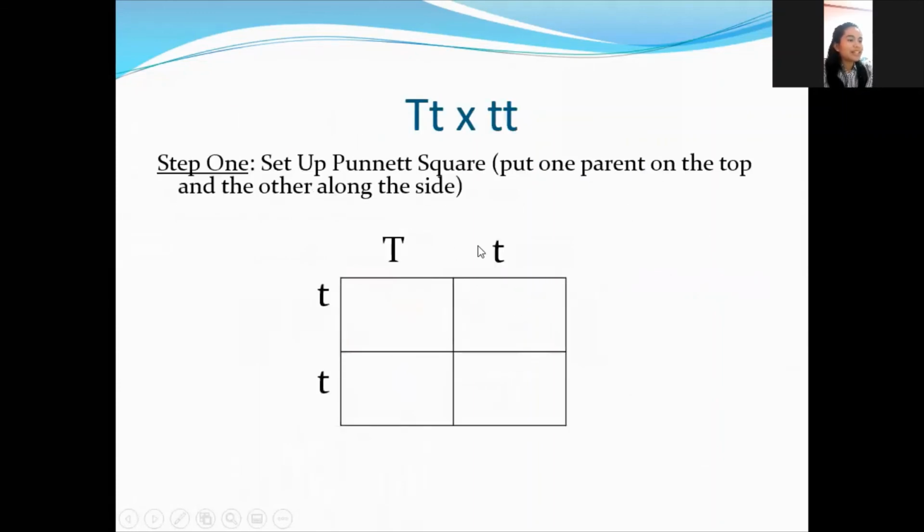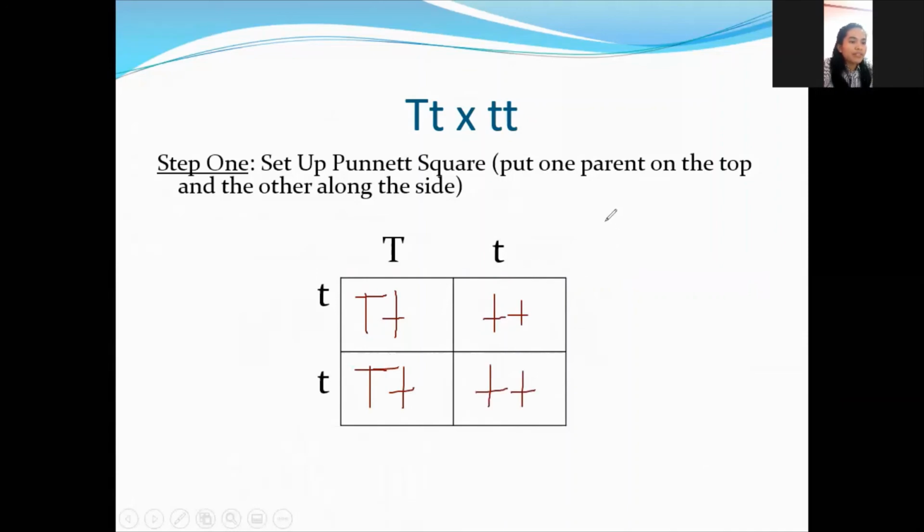Okay, so let's try this one first. We have here, okay, that's crossed. Big letter T, small letter t, big letter T, small letter t, small letter t, small letter t, then small letter t, small letter t.